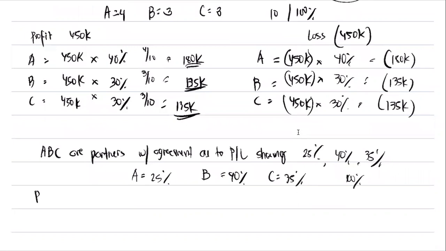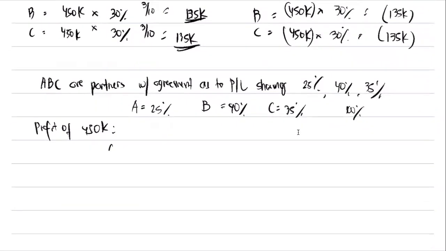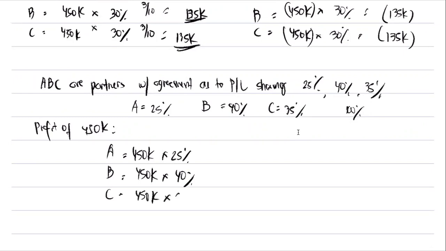So, if ever we have a profit of 450,000, how do we share it? A, B, C. So 450,000 multiplied by 25%, 450,000 multiplied by 40%, 450,000 multiplied by 35%. Okay? So we get 450 times 0.25, we have 112,500.